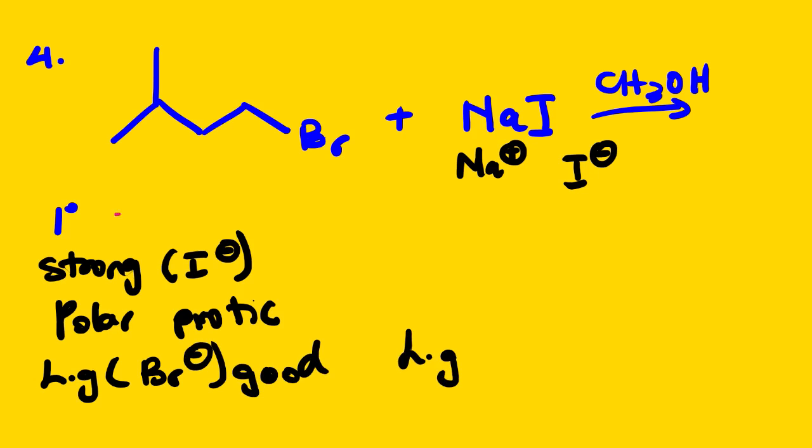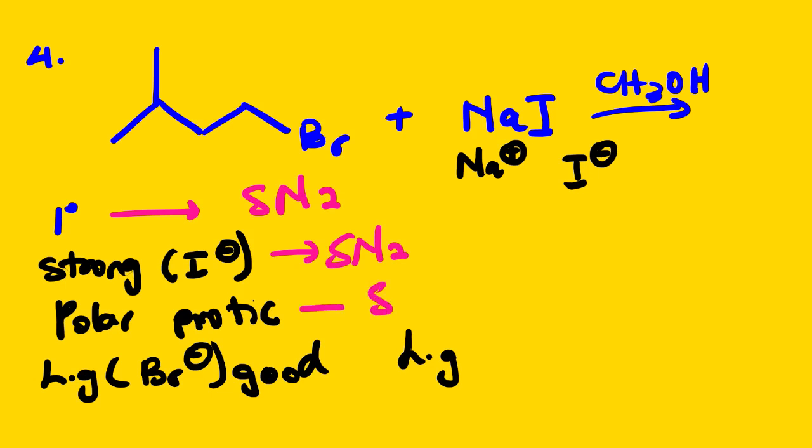Now we decide. For primary, we know very well that this is SN2. For strong nucleophile, we know that this is SN2. For the solvent, we know that polar protic is SN1. And for the good leaving group, it can be SN1 or SN2.